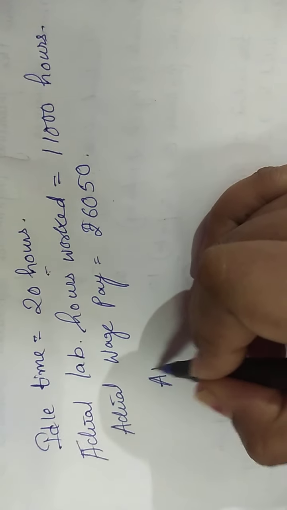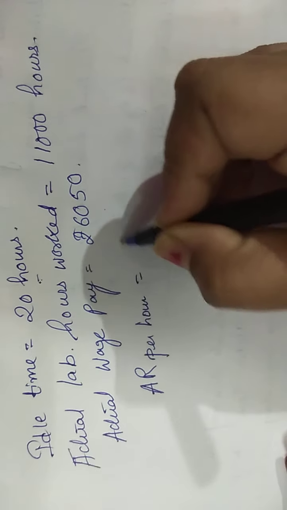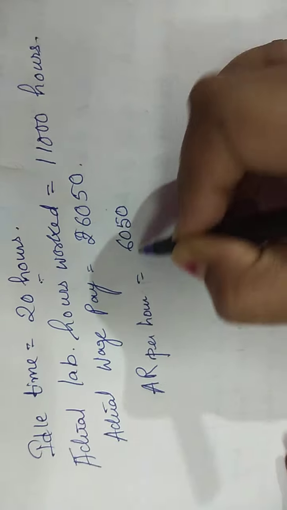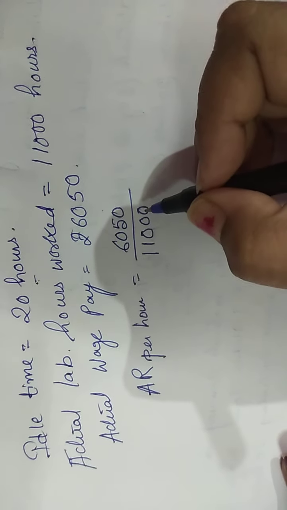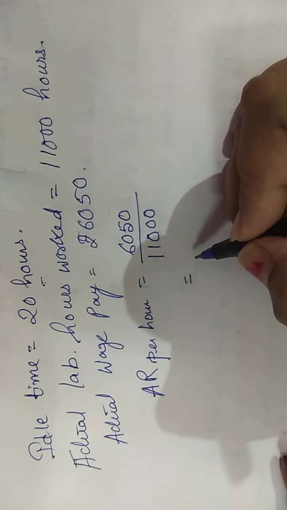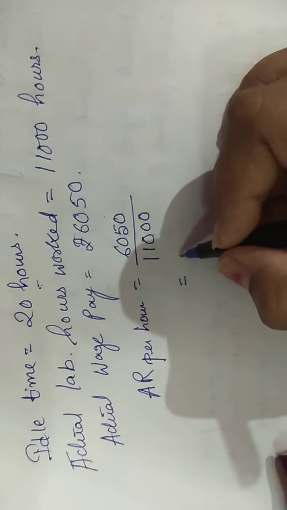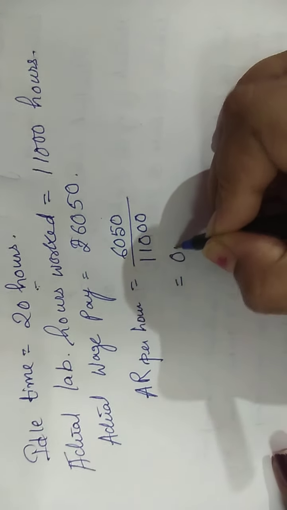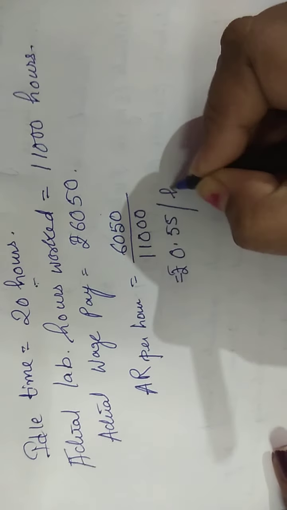In order to find out the actual rate per hour, means per hour how much I am paying the workers, I'll divide it by 11,000 hours, not by 11,000 minus 20 hours, because I pay them for their idle time as well. So my actual rate per hour comes to 55 paise per hour.